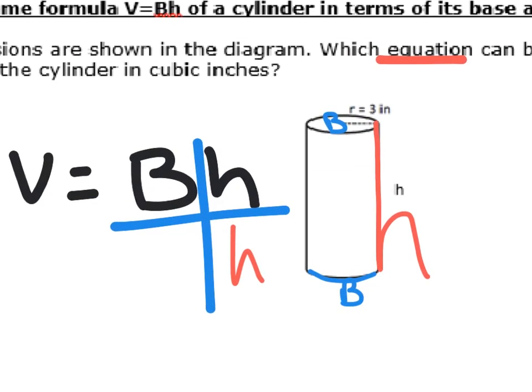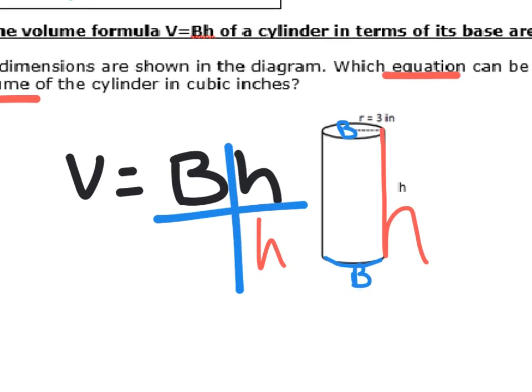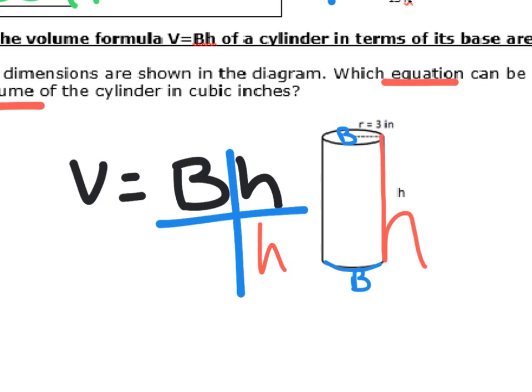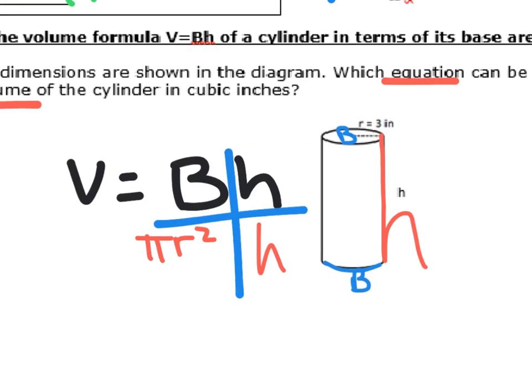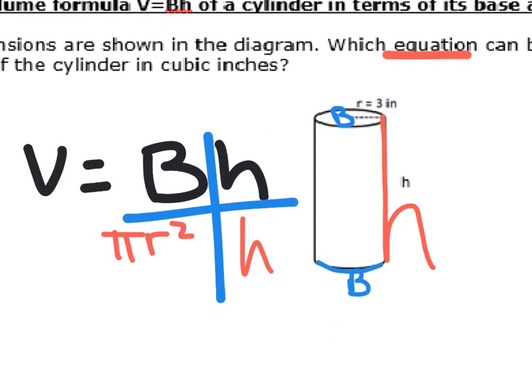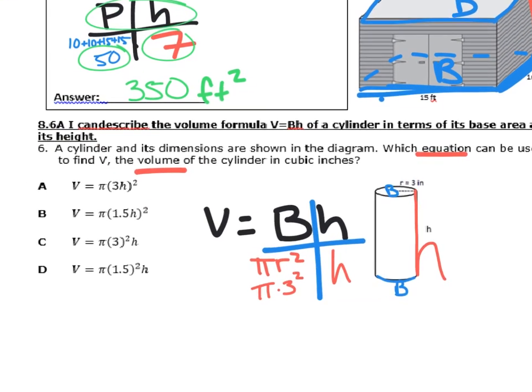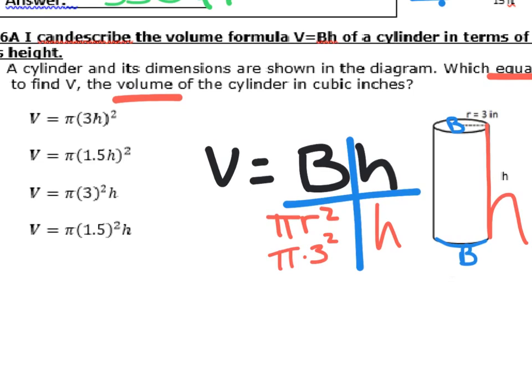But capital B means area of the base. Well, I know that my base is a circle, so we're going to use pi r squared. It tells me what my radius is. It's 3, so we're going to do pi times 3 squared. So this is what I'm going to be multiplying.